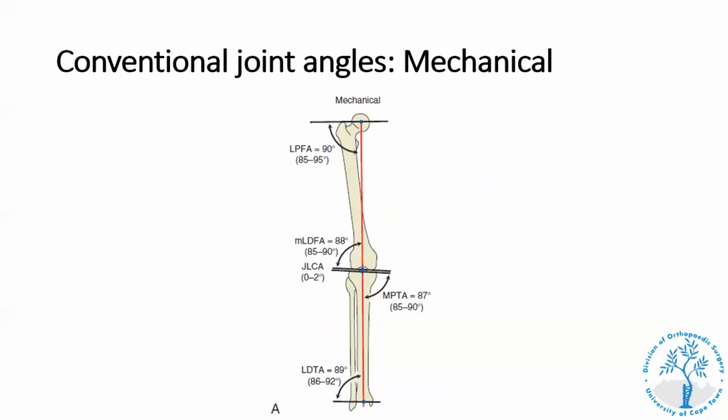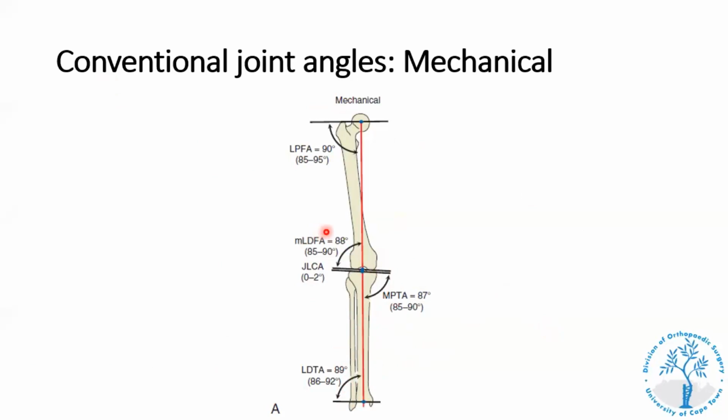If you're confused about which angle to use, specifically if you look at the knee here, by definition we use the angle at a joint when normal is less than 90. So that's why in the femur we use the lateral distal femoral angle, and in the tibia we use the medial proximal tibial angle. Lateral distal tibial angle is also just below 90.